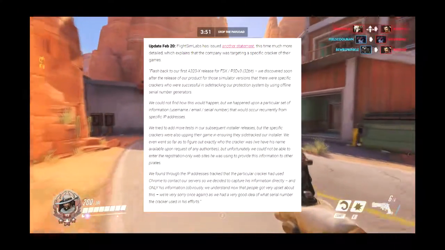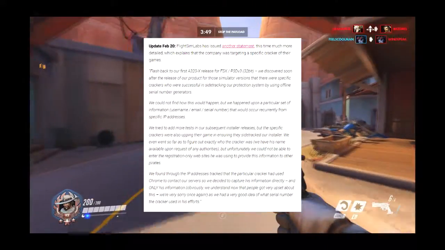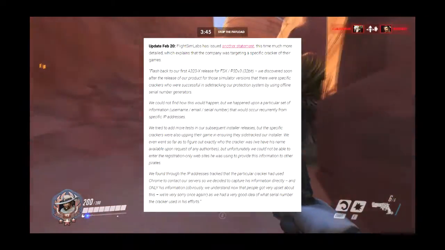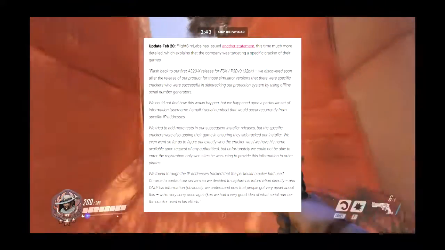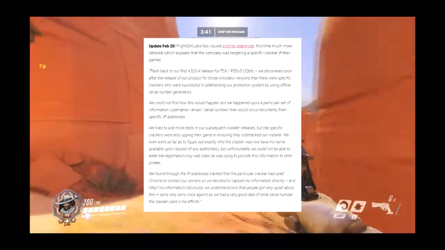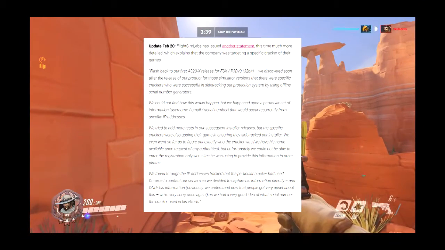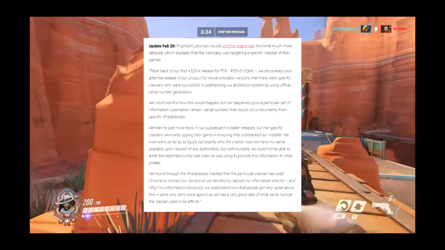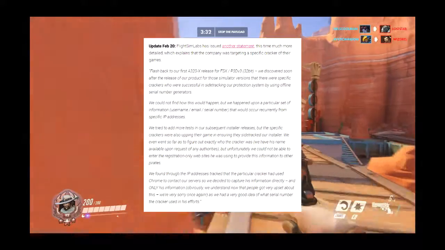Flashback to our first A320X release, we discovered soon after the release of our product for these simulator versions that there were specific crackers who were successful in sidetracking our protection system by using offline serial number generators. We could not find out how this would happen, but we happened upon a particular set of information that would occur recurrently from specific IP addresses.